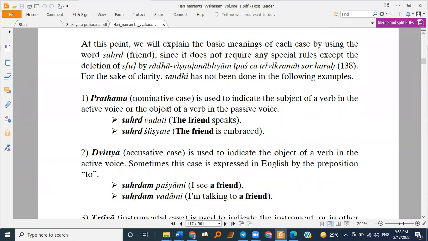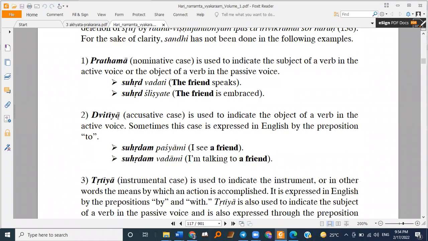For example, Suhrit Vadati, the friend speaks. Who is doing the activity of speaking? It's the friend. Because Suhrit is the subject of the verb, it is taking the Prathama Vibhakti, the first case.